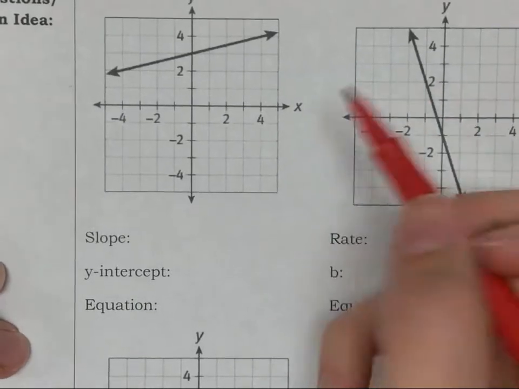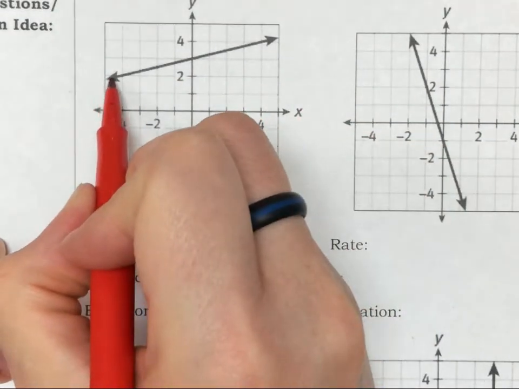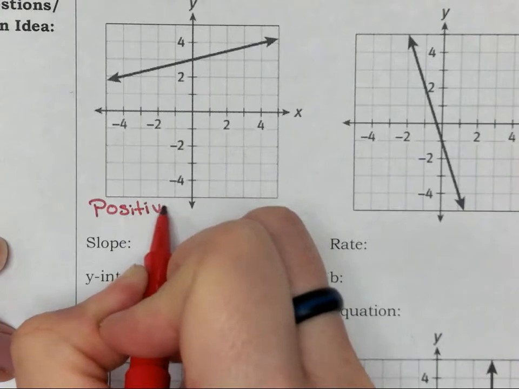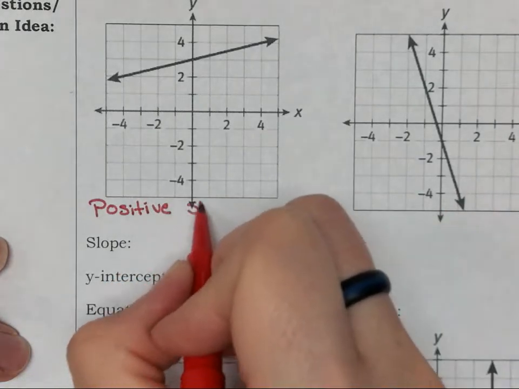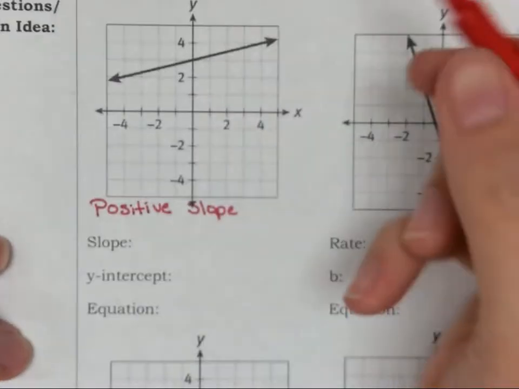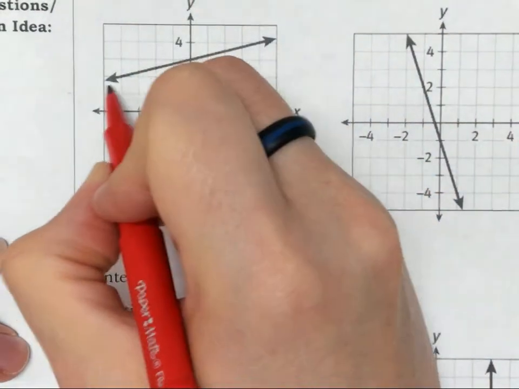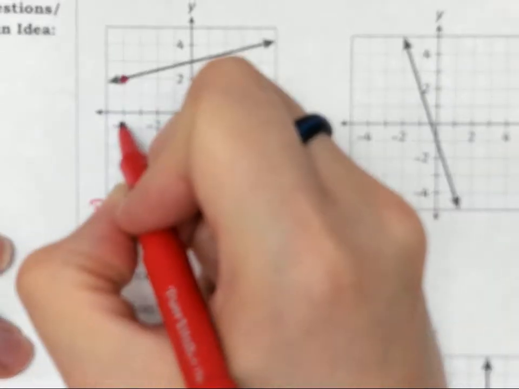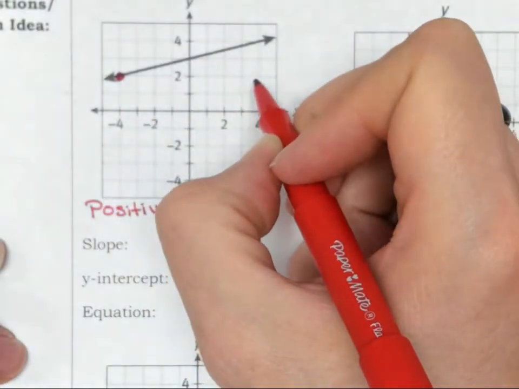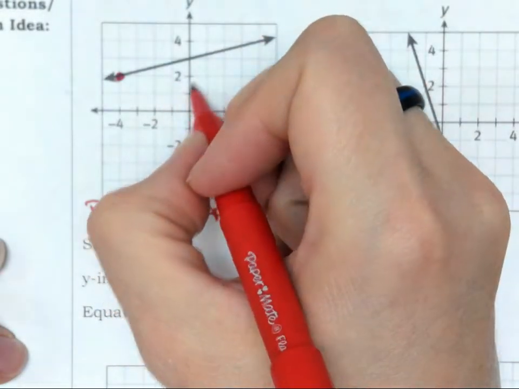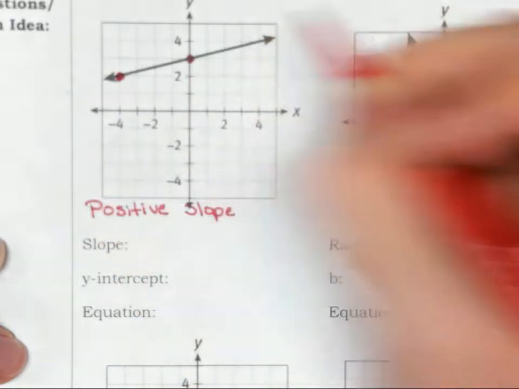So let's go into a little bit more detail with each of these slopes. This one here, again, we read from left to right, and it is increasing, which means it has a positive slope. I can pick any 2 points on this line. So I could pick this point here, negative 4, 2, and I can pick 0, 3.